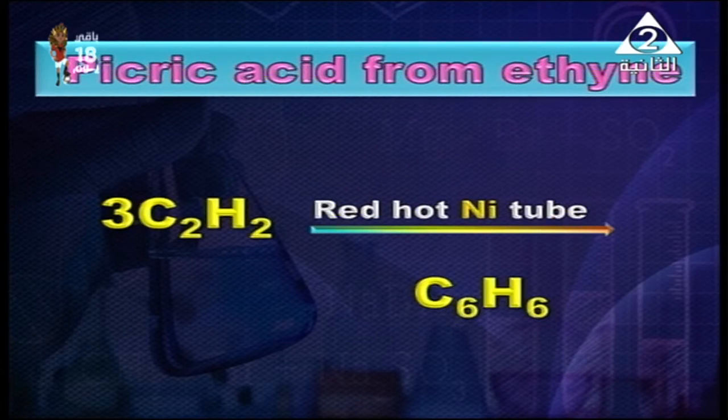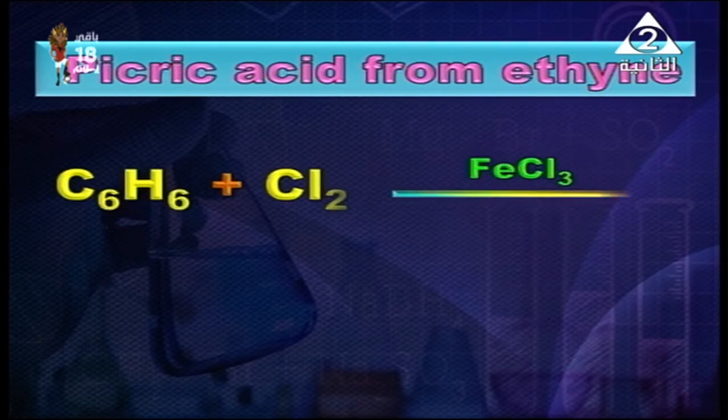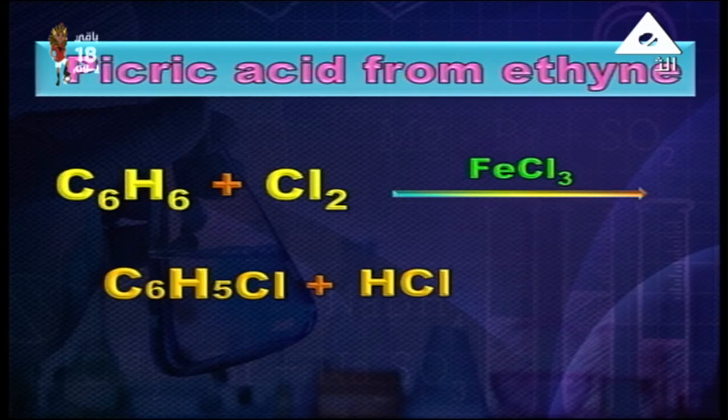Picric acid from ethine. Here, ethine or acetylene on a red hot nickel tube gives benzene. Then benzene in the reaction with chlorine in the presence of iron 3 chloride gives chlorobenzene, removing hydrogen chloride.